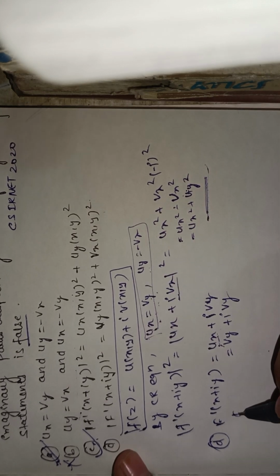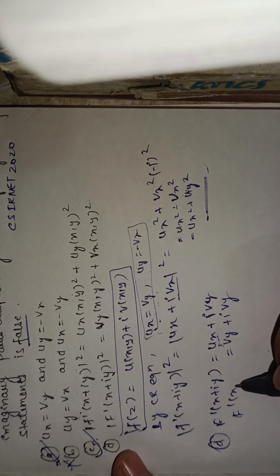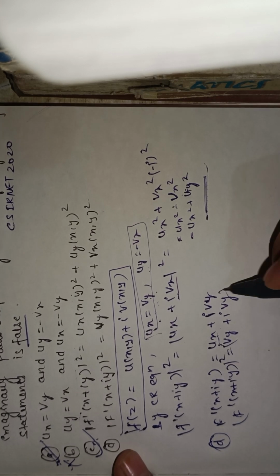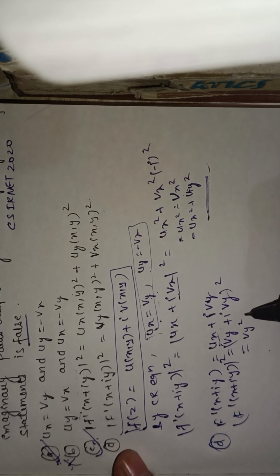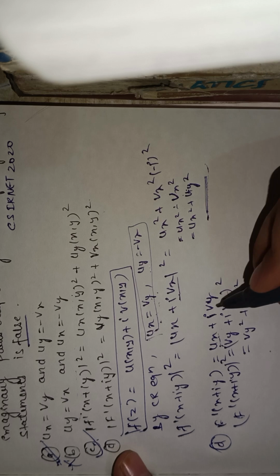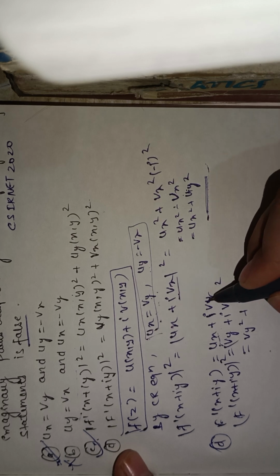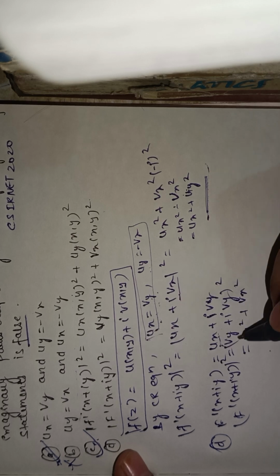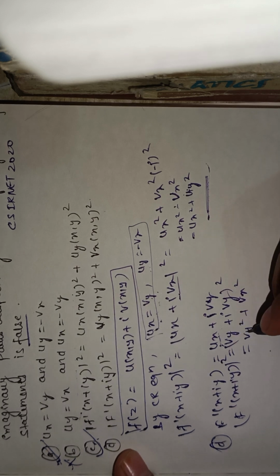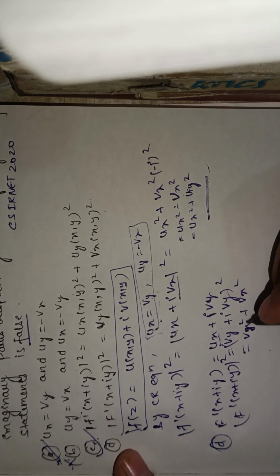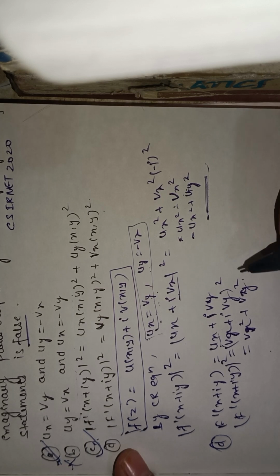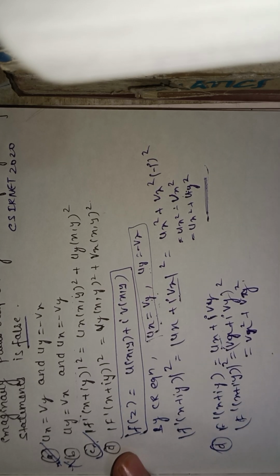If we square both sides, we get this: vy square plus vx square, so this is ux square plus vx square. This is uy square. So this is the solution of this video.